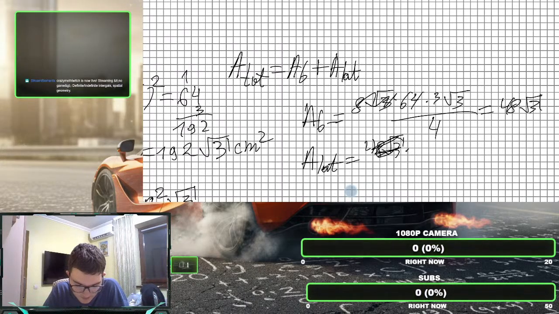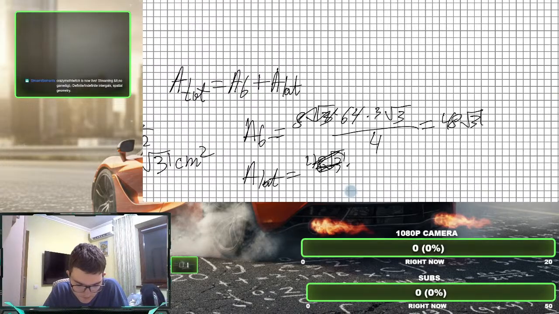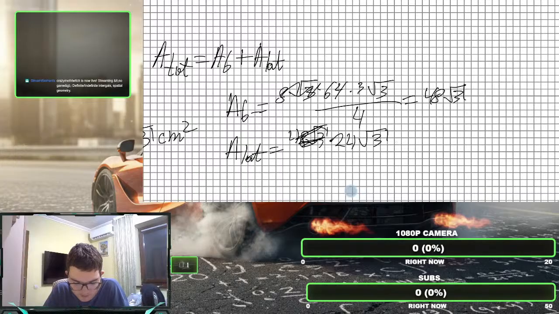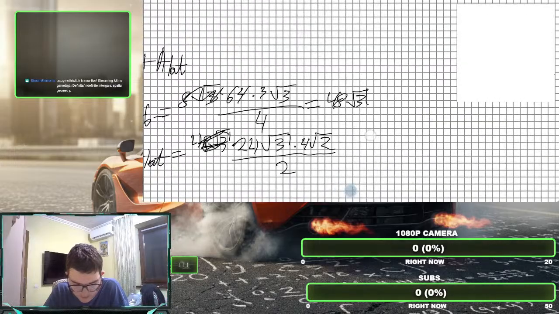It's actually PB, not AB. So it's 24 square root of 3, because it's 8 square root of 3 times 3, times the AP, which is 4 square root of 2, and all of this divided by 2.